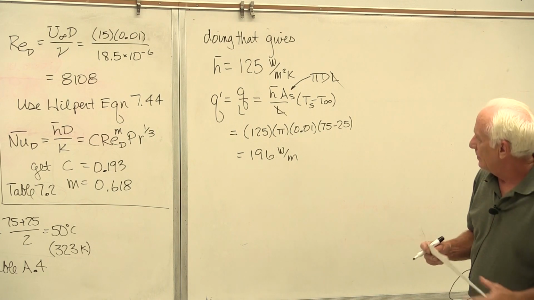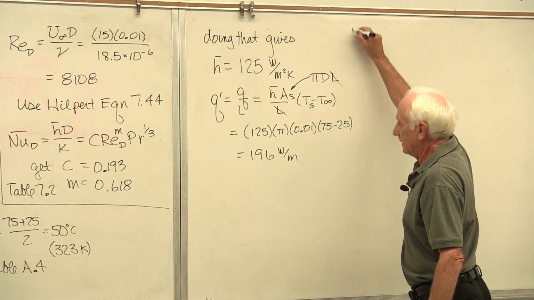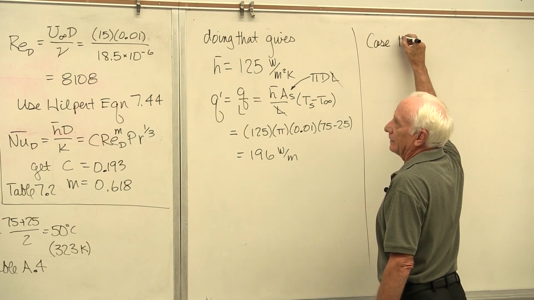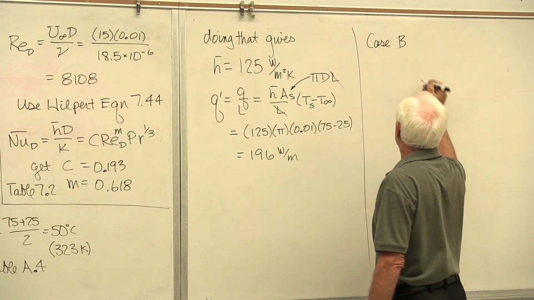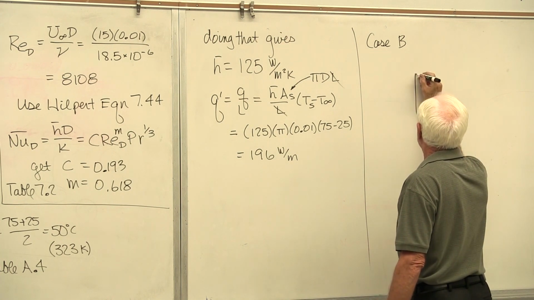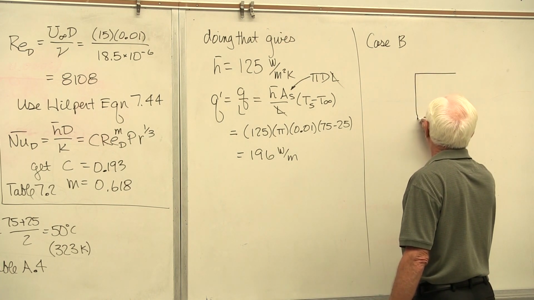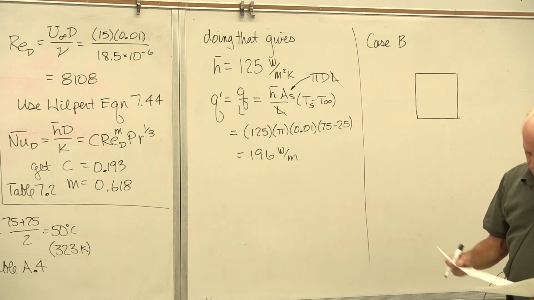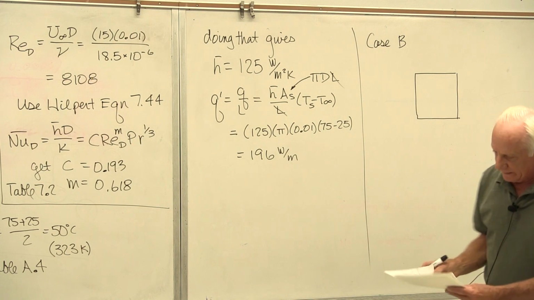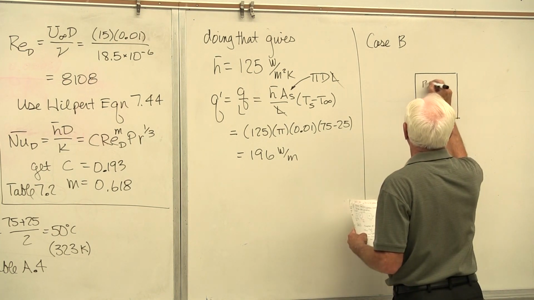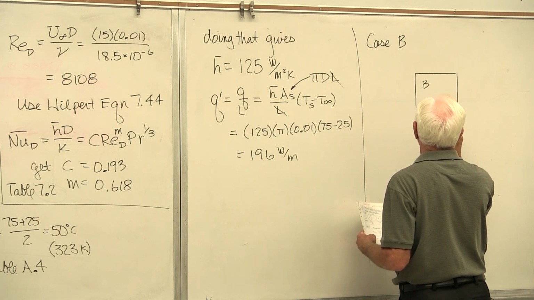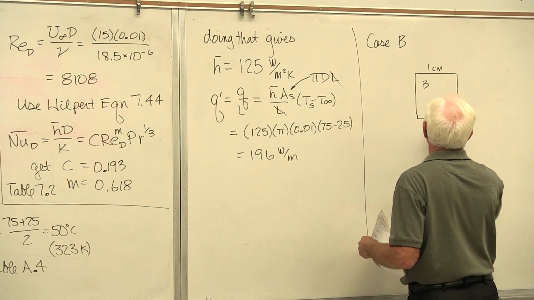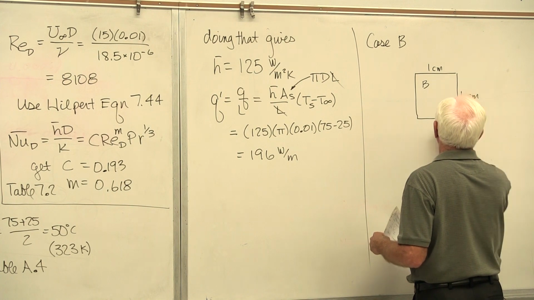All right, now let's take case B. Case B is going to be a square tube, 1 centimeter by 1 centimeter.